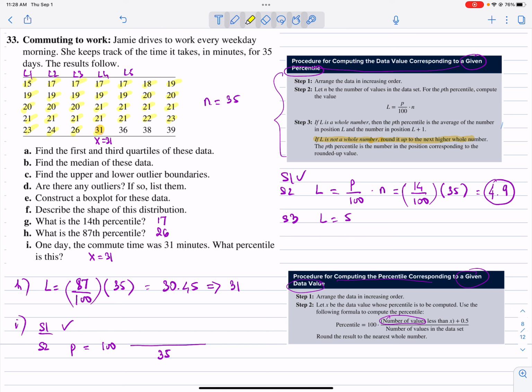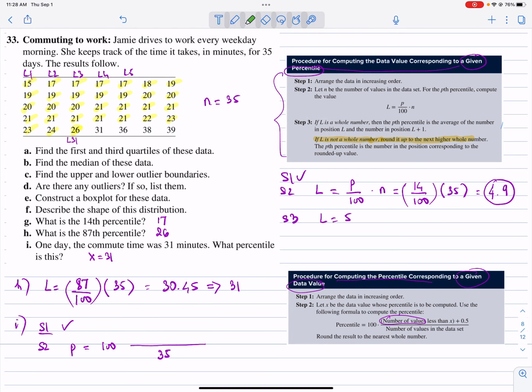So 31 up to 26. 32 is the location of the value 31, and right here is the location of those less than 31. So we count and we got location 31. So there are 31 numbers that are less than the value 31.